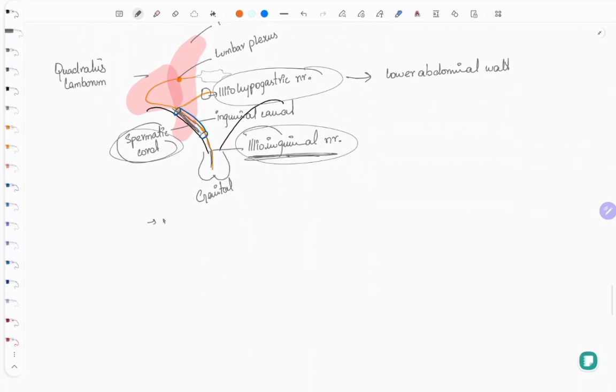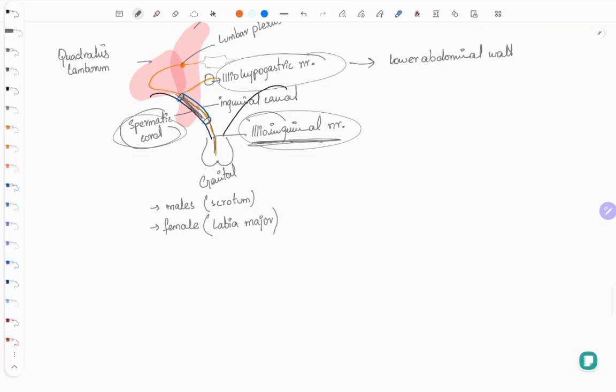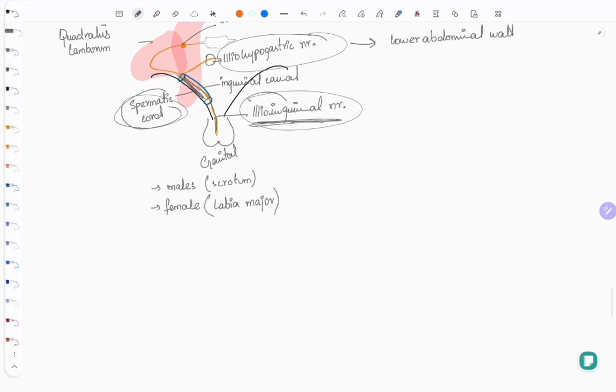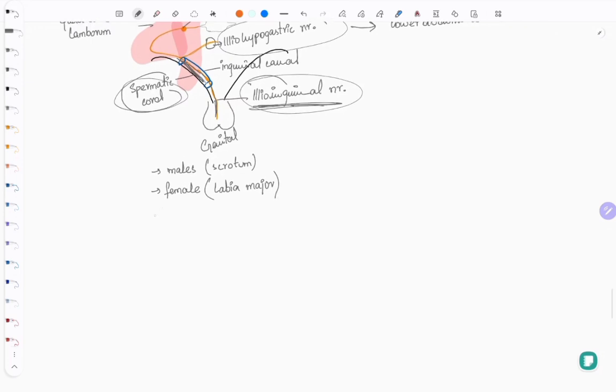In males, it supplies the scrotum, and in females, it supplies the labia majora. The ilioinguinal nerve also supplies the upper medial aspect of the thigh.